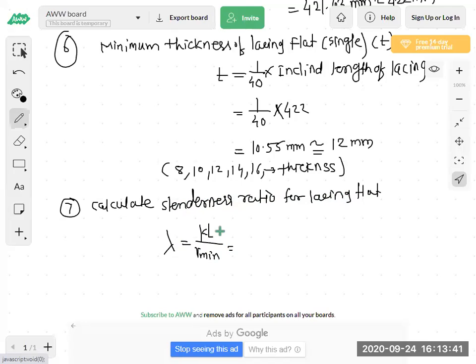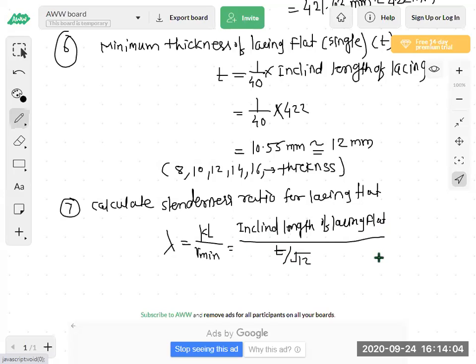Here I have told you the KL is the inclined length of lacing plate, divided by r minimum. So r minimum is t by under root of 12, correct? And it should be less than 145.